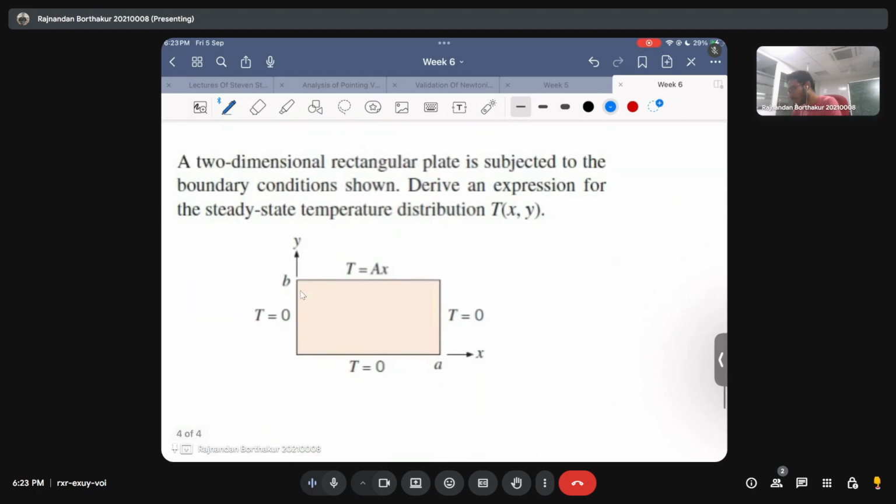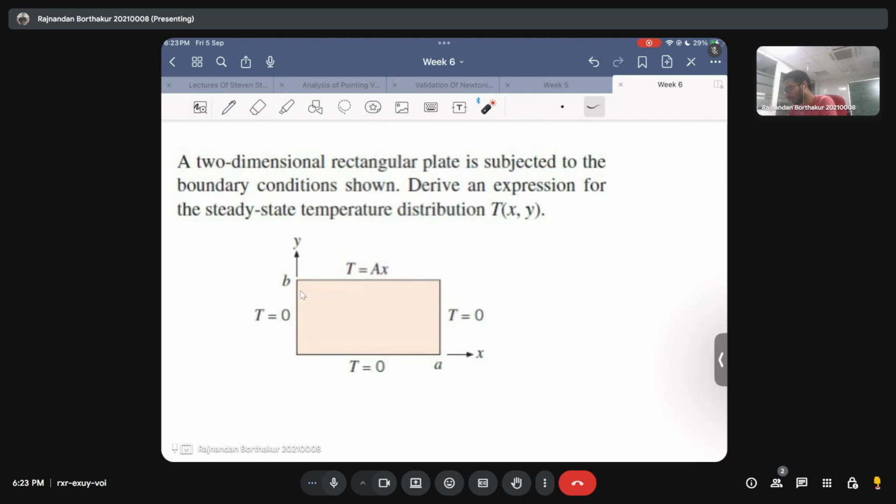So in order to understand and solve a problem involving such scenarios, we will try to solve this problem, which is asking us to derive a steady state temperature distribution for the case in which we have a rectangular slab where the three faces are maintained at T equal to 0, and the uppermost face, as I have said, is maintained at a temperature A times x.